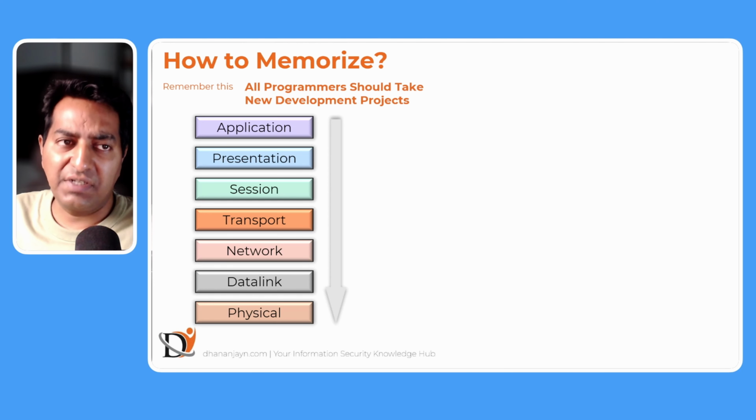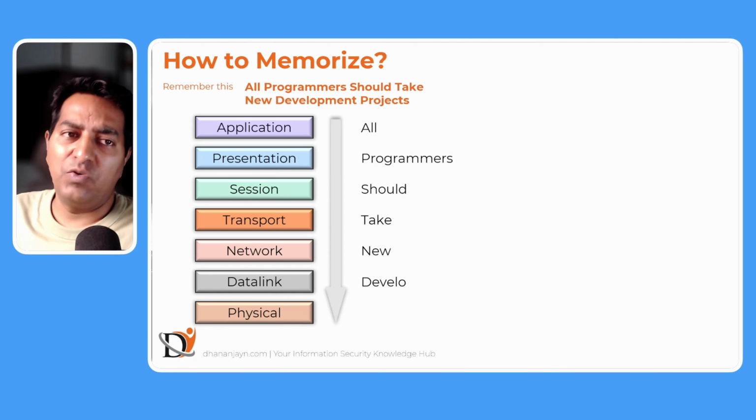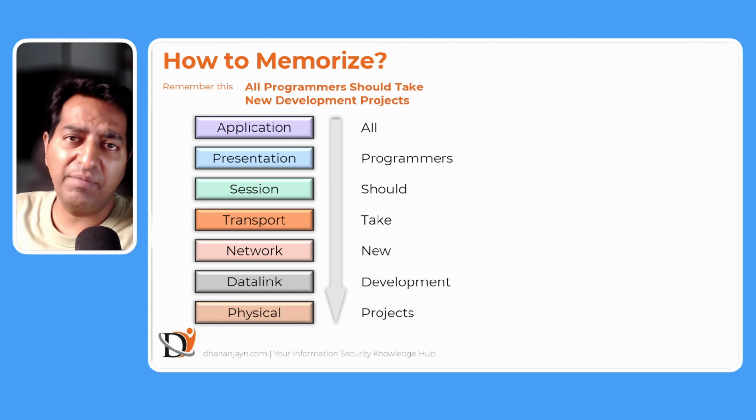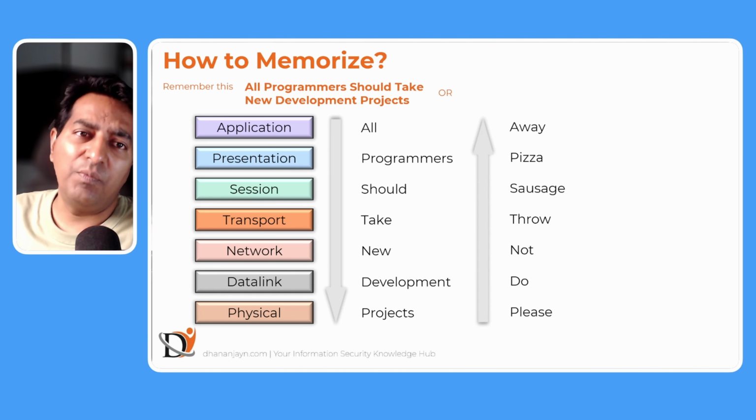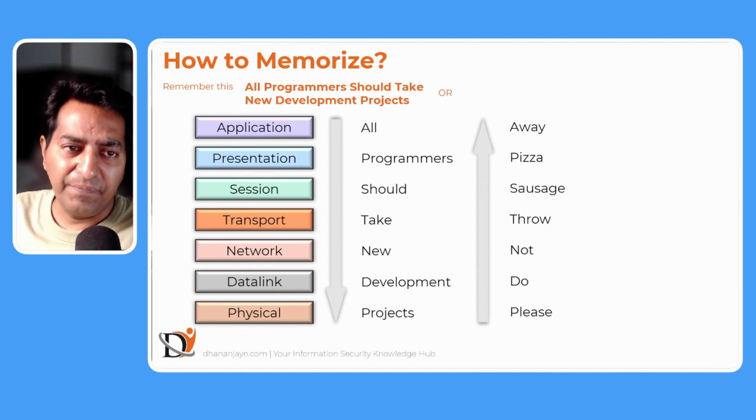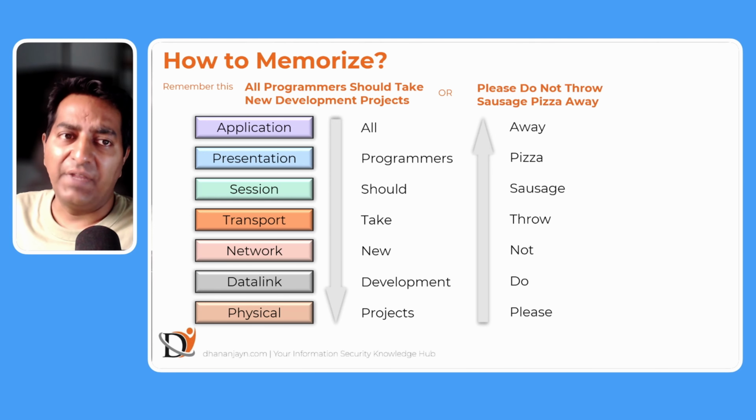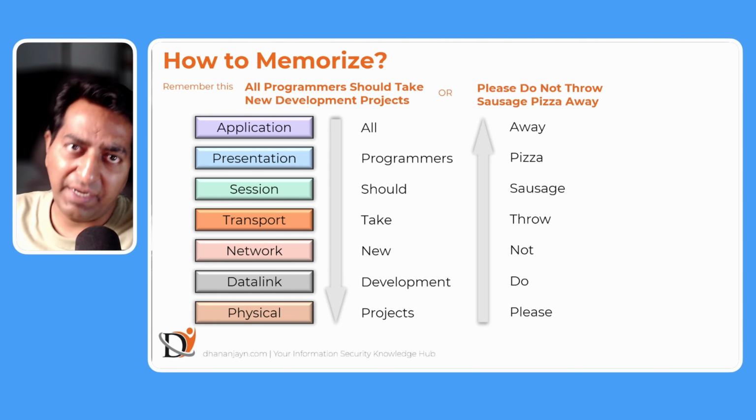Programmers, the first letter P corresponds to presentation, and so on. Now, this is how you can memorize these layers. All programmers should take new development project. This is how I remember. There are some people who memorize this like, please do not throw sausage pizza away. So they are memorizing this from bottom up, wherein again it is the same thing that you are trying to memorize.